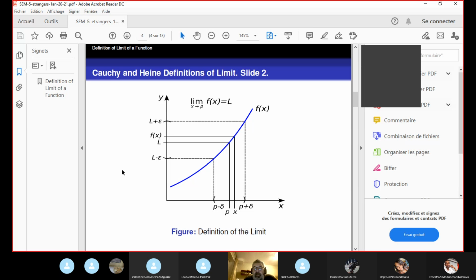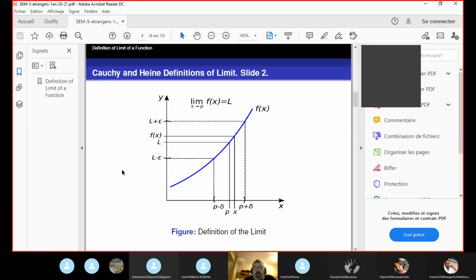As you see here, I repeat, we have a continuous function, so we have in fact no problem. But if we take something more sophisticated, we will see the same picture, but we cannot write that f of p is L, like in this picture.